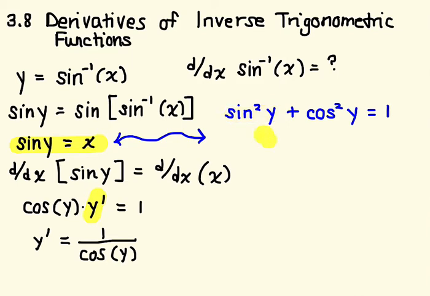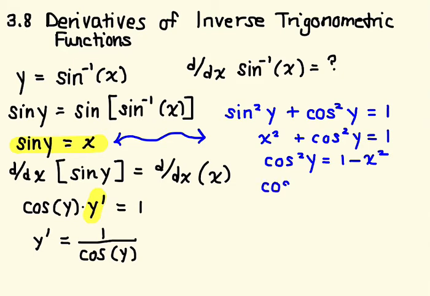So this is x squared plus the cosine squared y equals 1, and I'm trying to find the cosine of y. So I subtract x squared from both sides, and I have the cosine squared y is equal to 1 minus x squared. And if I take the square root of both sides, I have the cosine y is equal to the square root of 1 minus x squared.